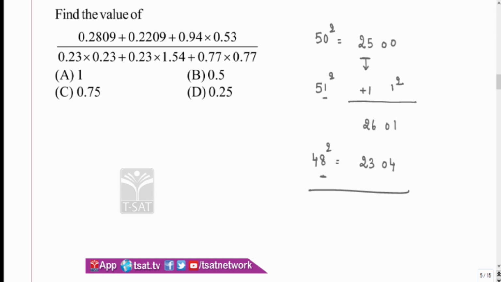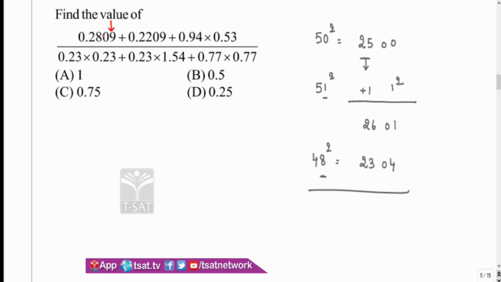Now as of now, look at here, 2809, forget about the point for a second. 28, how much more than 25? It is 3 more than 25 and here 3 square. Therefore, I can say it is 53 whole square.